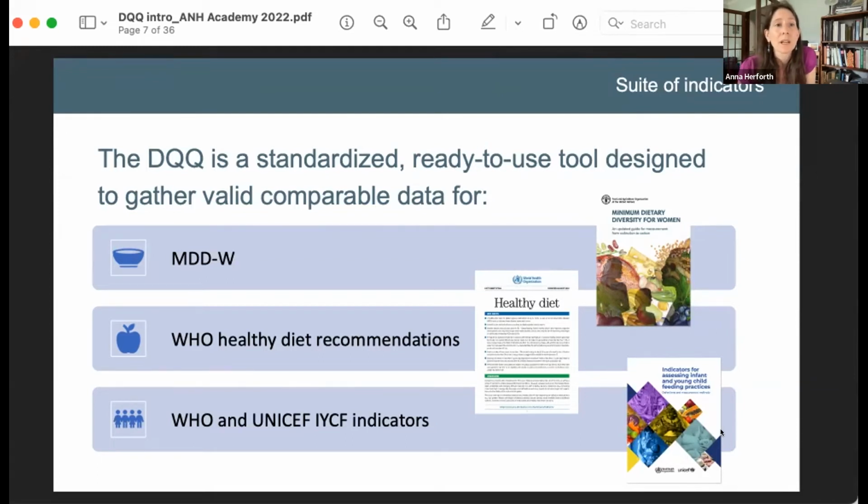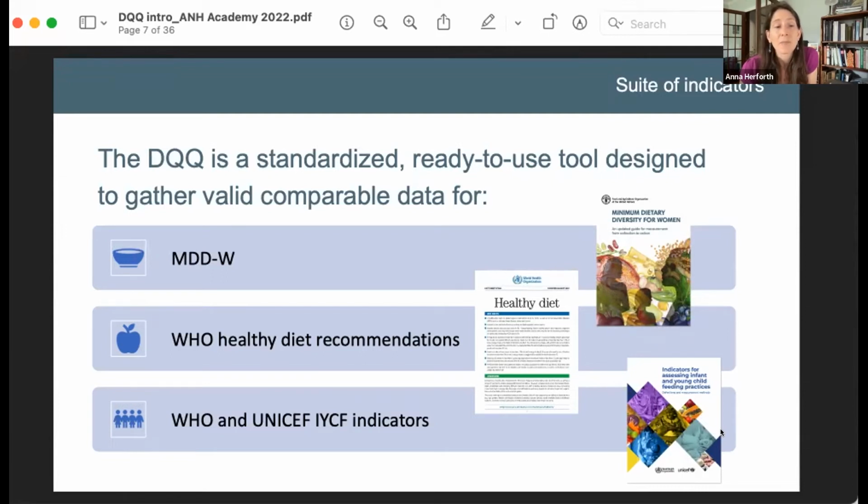So the tool is designed to gather valid and comparable data for the MDDW, following the guidance in the FAO MDDW guide. Also to produce indicators of whether the WHO healthy diet recommendations are met, and to be aligned with the WHO and UNICEF IYCF indicators.